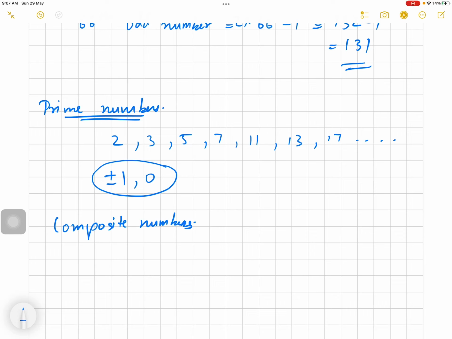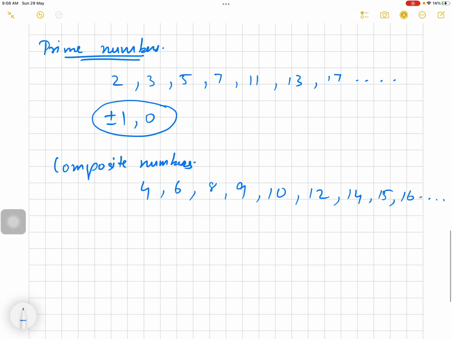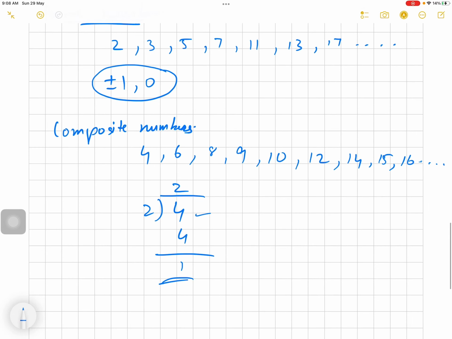For example, 4, 6, 8, 9, 10, 12, 14, 15, 16 and so on. These are composite numbers because they are divisible by other numbers. For example, 4 is divisible by 2, 2 2s are 4, right? So 4 is a composite number.